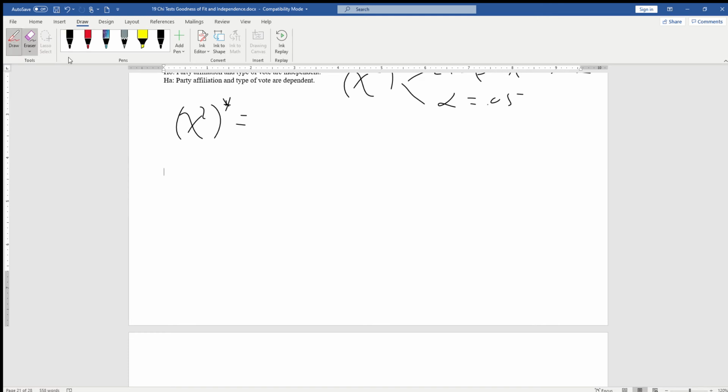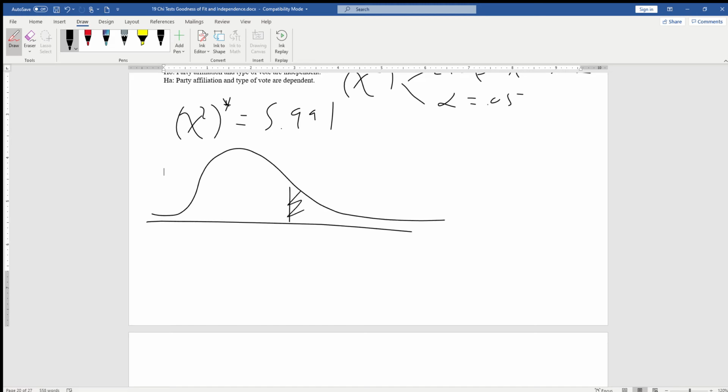So now we have 5.991, and we're going to draw the distribution. 5.991 is the cutoff. 0 to infinity is going to be the range of values for the chi-square distribution.